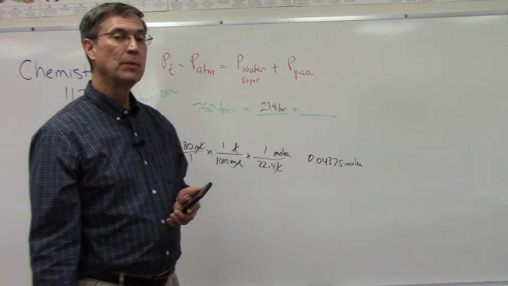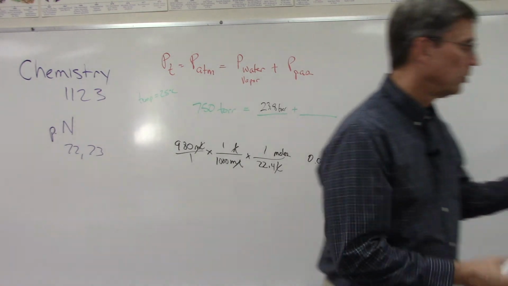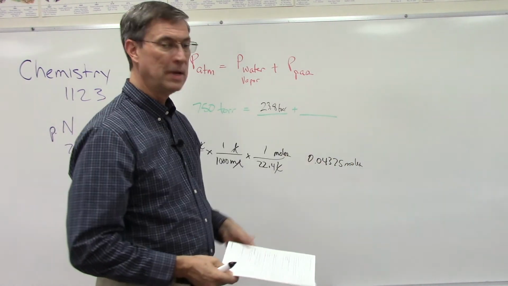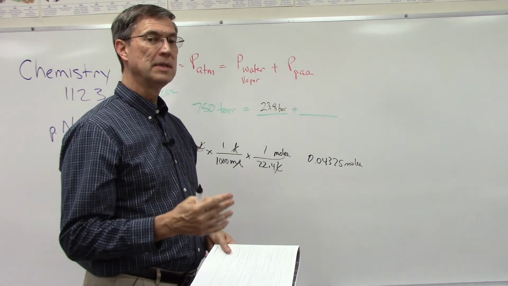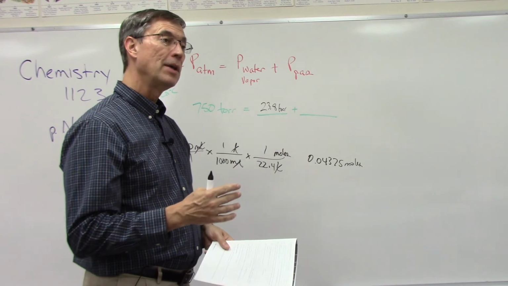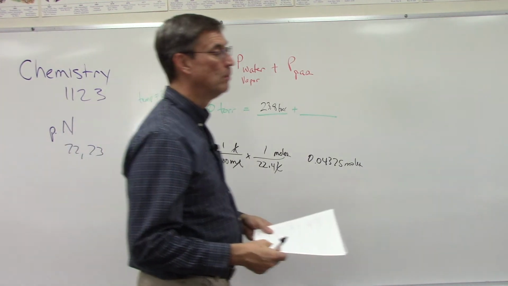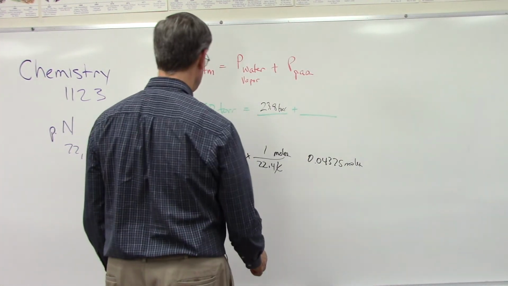Now, the next thing we have to figure out, because the question asks how many grams, how much mass of gas is in that many moles. So now it's important to look at the identity of the gas, because every element has a different number of grams per mole. So this is nitrogen.